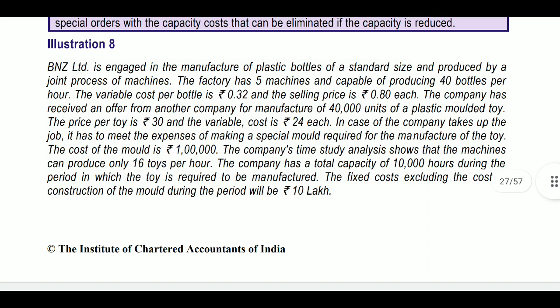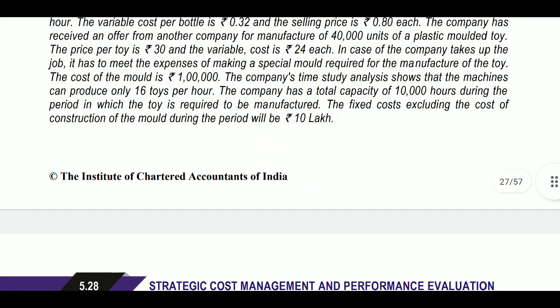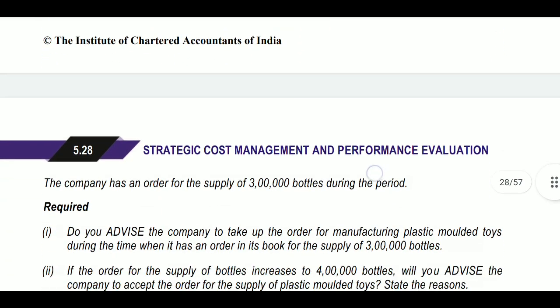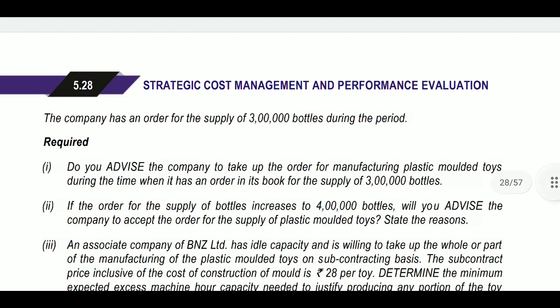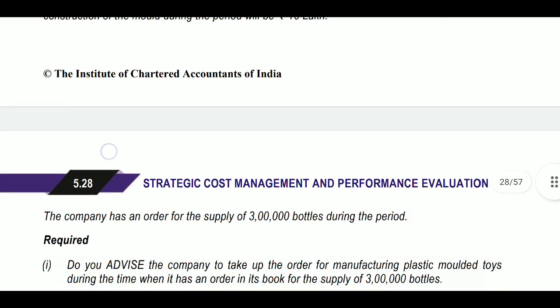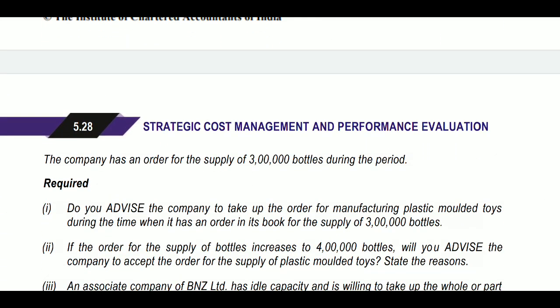For 5 machines we produce 40 bottles, so 3 lakhs divided by 40 becomes 7,500. So 7,500 for bottles and 2,500 for ties: 10,000 hours we will require, and the capacity of the machine is also 10,000 hours only. So it is full utilization of machines.